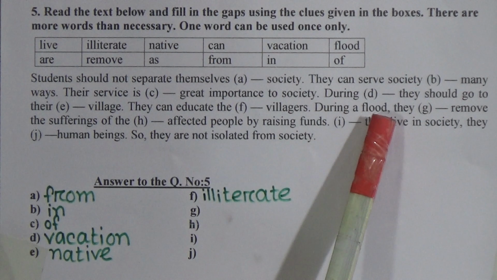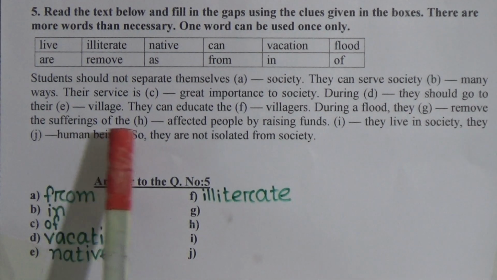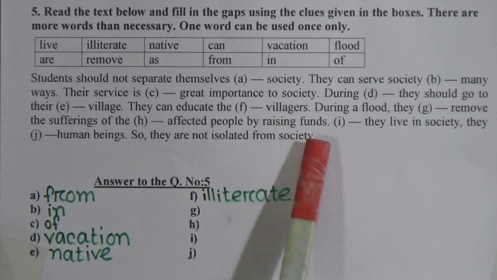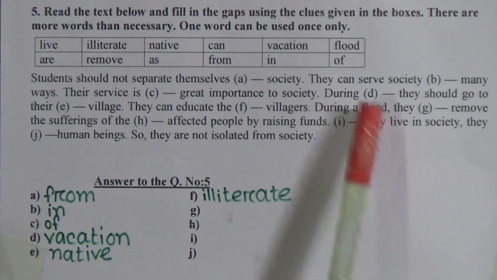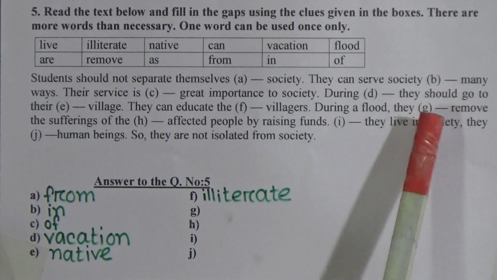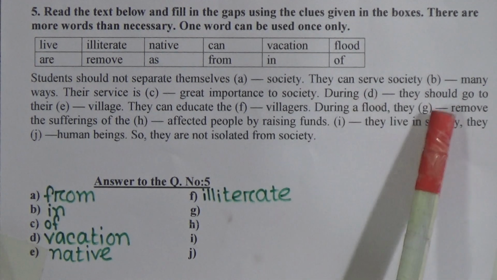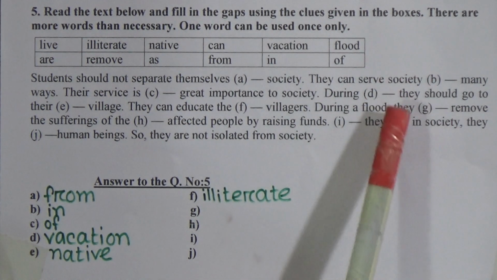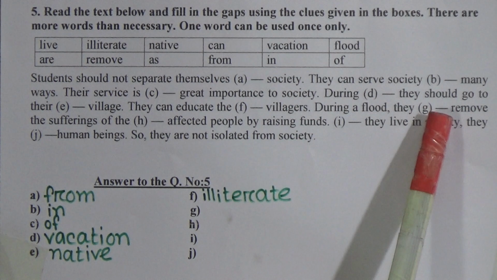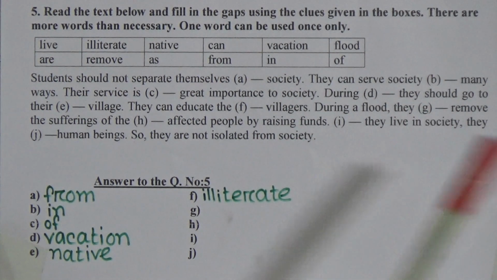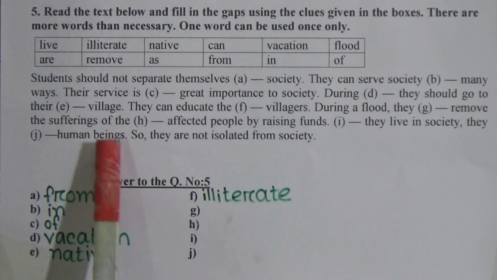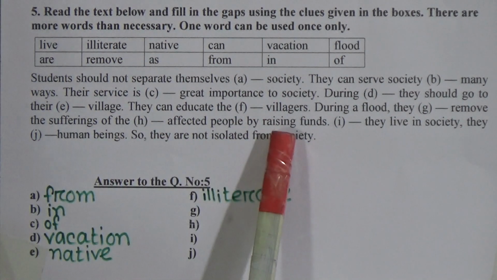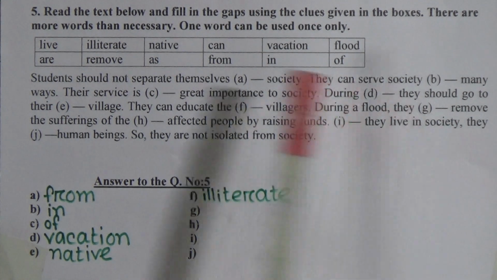Next, during a flood, the dash remove the sufferings of the dash affected people by raising funds. So the sentence is: during a flood, they dash remove. So students, look, there is a subject, and in the gap we have to use a verb. As there is a subject, after the subject we have to use a verb. So which verb can we use? They can.